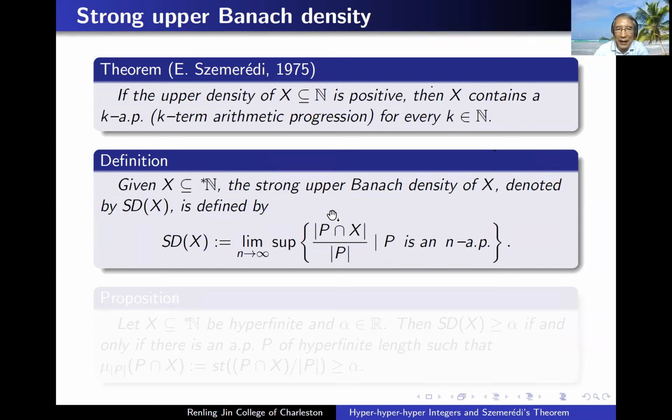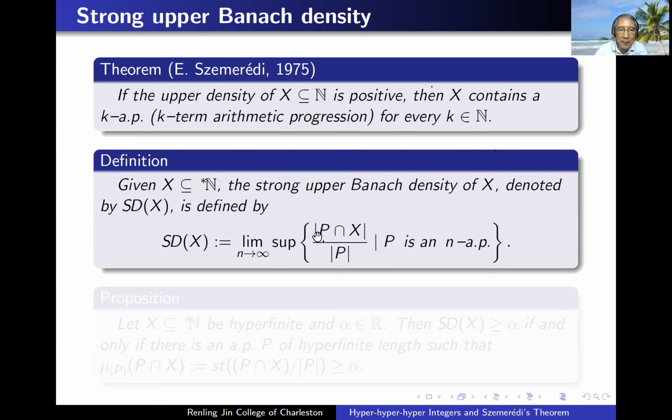I call it the strong upper Banach density of X. Suppose you have a set X, you take an AP P of n terms, then intersect with X and divide by the size of P, then you let n approach infinity. That's exactly the concept parallel to the density along the AP.